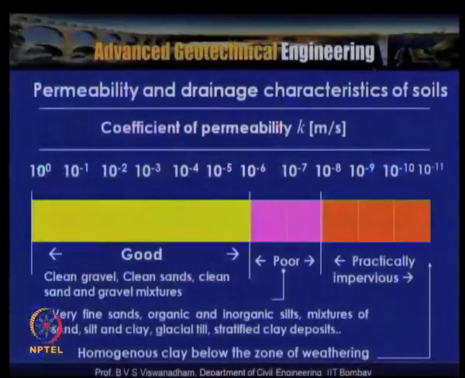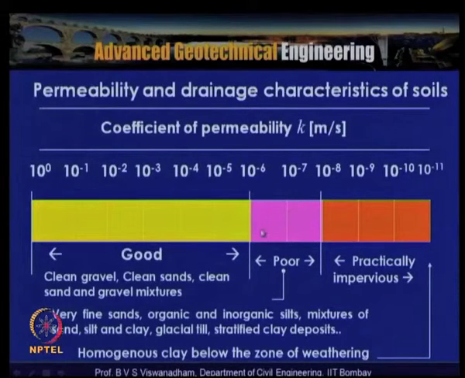As shown in this slide, the permeability and drainage characteristics of soils are shown. The coefficient of permeability K is given in meter per second. The range in yellow color has good drainage characteristics.